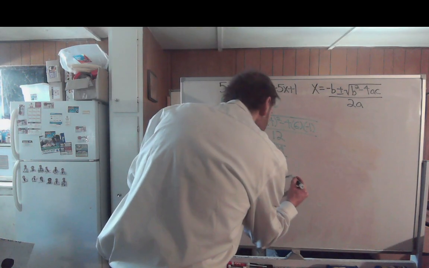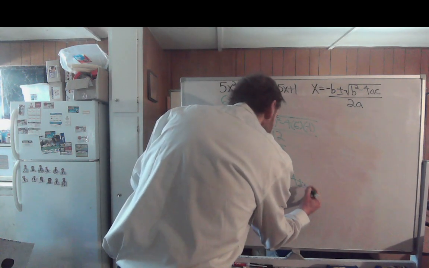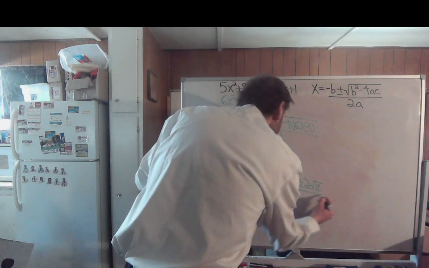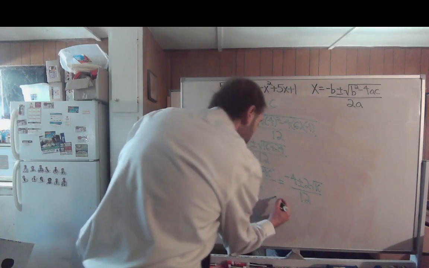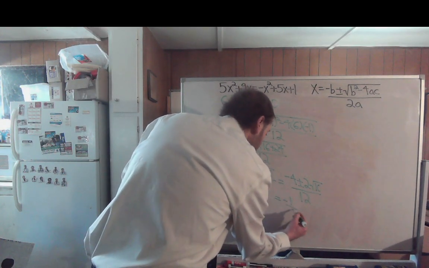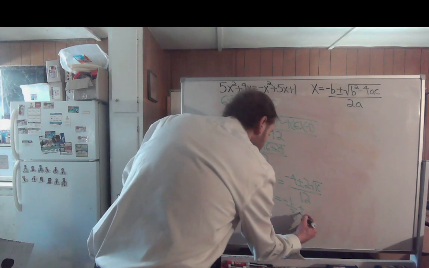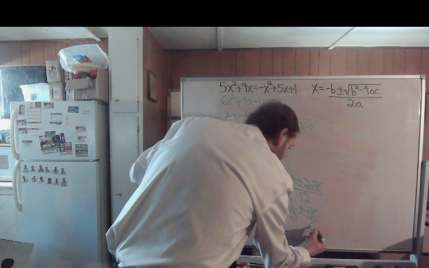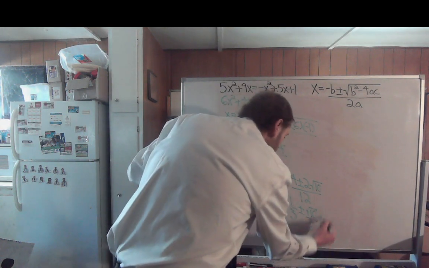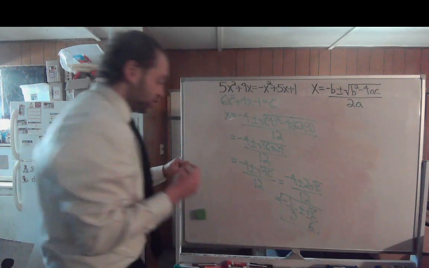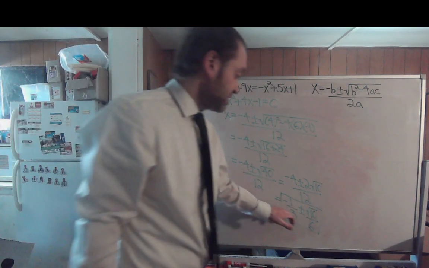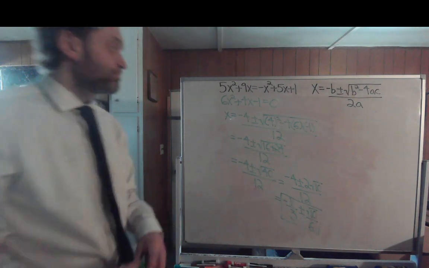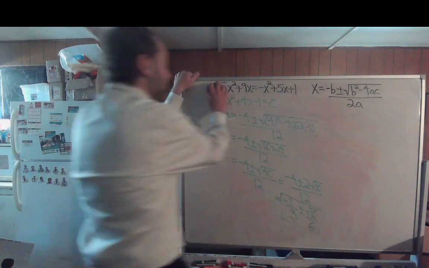So you would get negative 4 plus and minus 2 times the square root of 10 all over 12, which would become negative 1/3 plus and minus the square root of 10 over 6. So your two solutions are negative 1/3 plus and minus the square root of 10 over 6. Let's do one more.